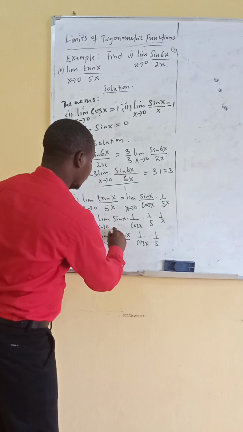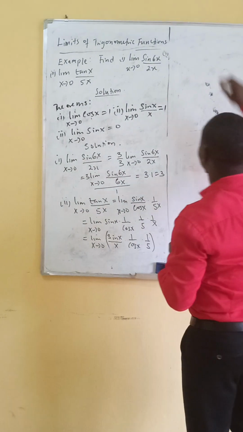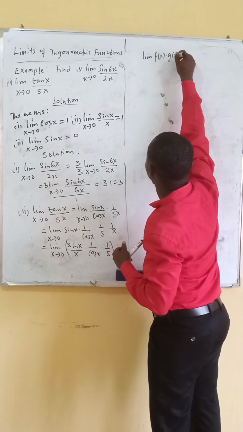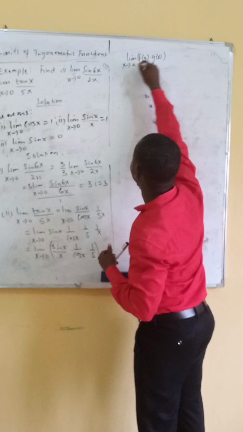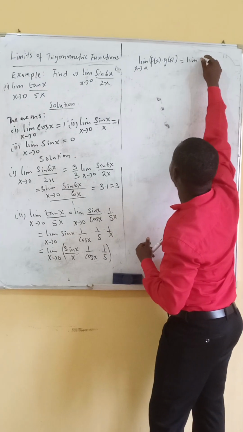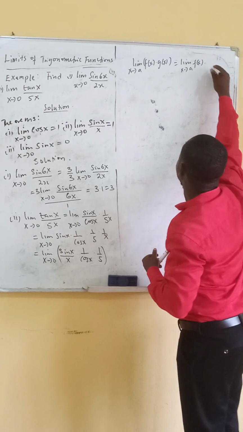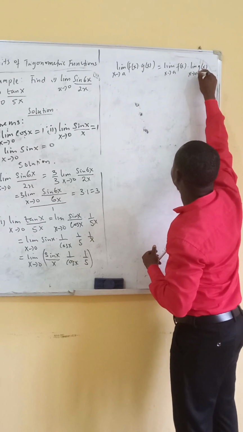Now, the limit of f of x times g of x as x approaches a number a is the same thing as the limit of f of x as x tends to a times the limit of g of x as x tends to a.